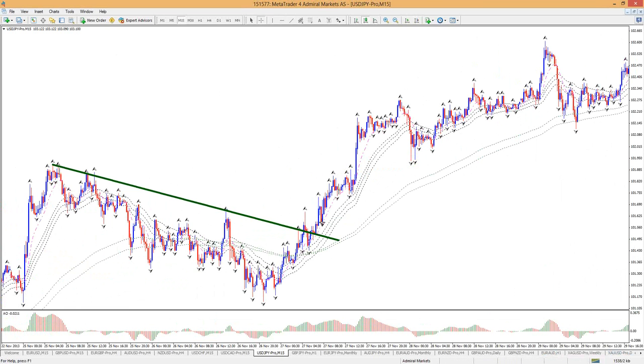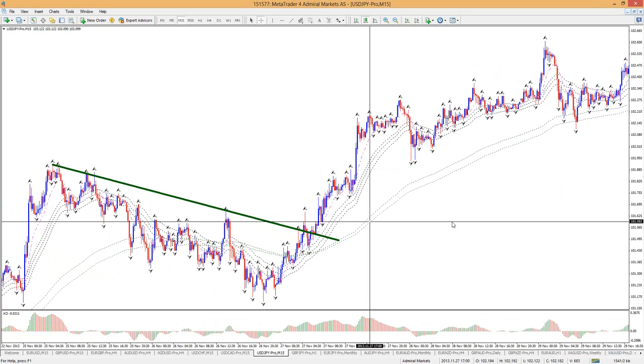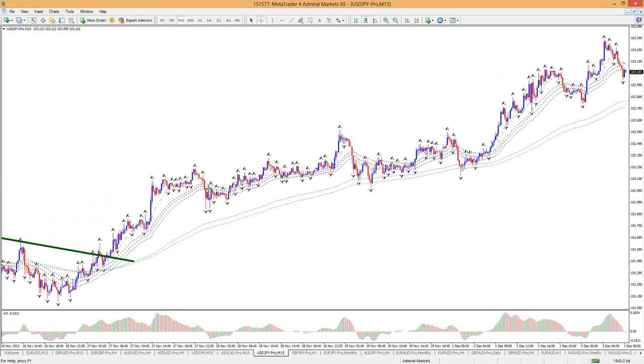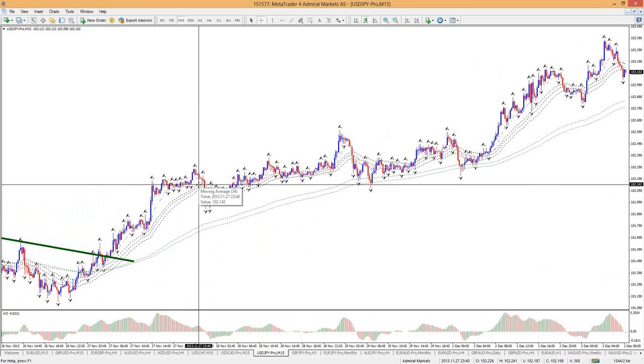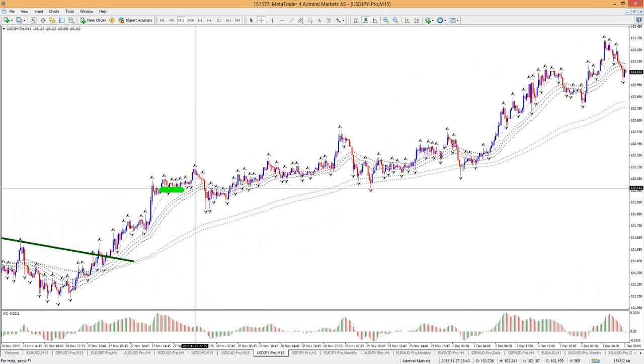From 101.60, I believe, 101.64 maybe, and I closed it. I said I would trail stop the 50-minute world. If you did that, you would have gotten out at 102.09, which is about 45 pips, I think. I missed this particular fractal.